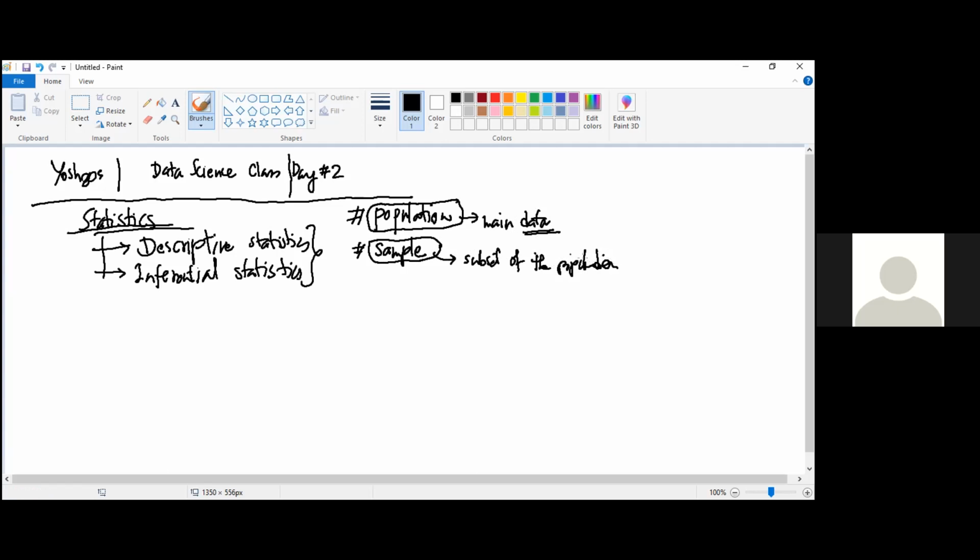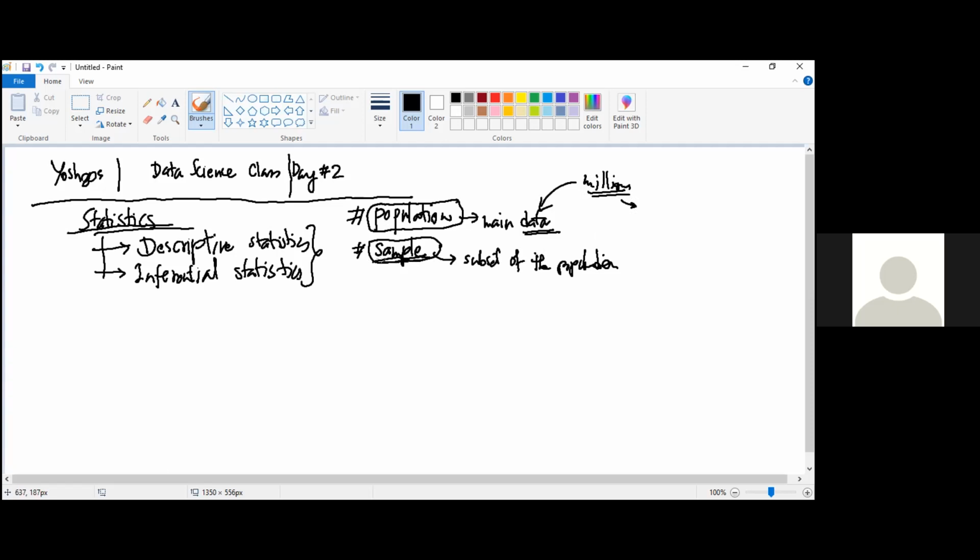Now the question arises, when we have this main data set which we call population, why do we need to define another subset of it which we call sample? The main reason being, usually our data set is huge. It will contain millions and millions of data, and processing such millions of data will be a little difficult, time consuming as well. So what a statistician or data scientist or any machine learning enthusiast will do is take a sample of this population.